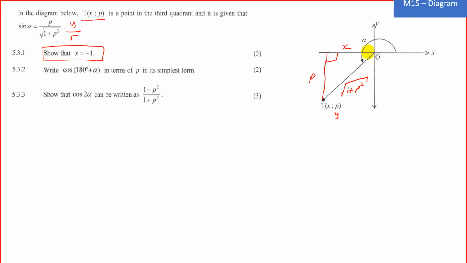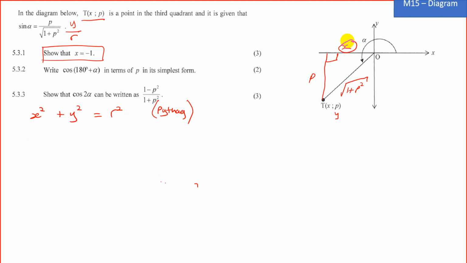And because I have all the sides in my triangle, I can form an equation using Pythagoras. So remember, Pythagoras is x squared plus y squared is equal to r squared. So there's our Pythagoras we're using. And if I use that, my x value, if you look at the diagram, is x.